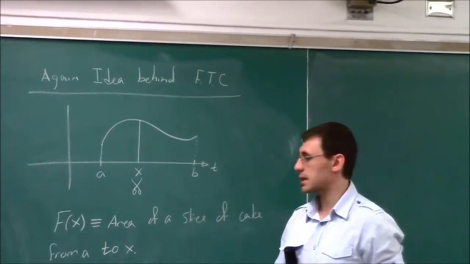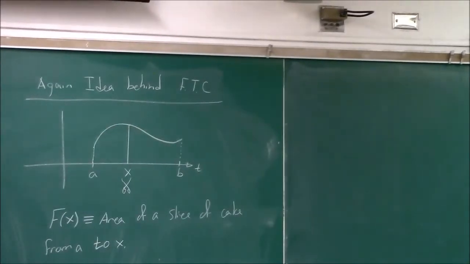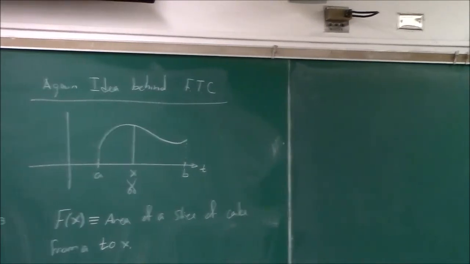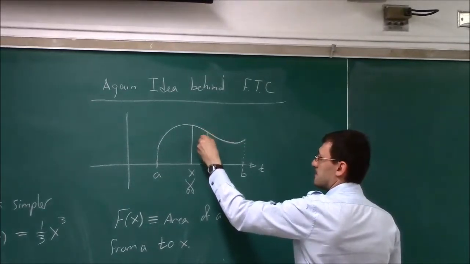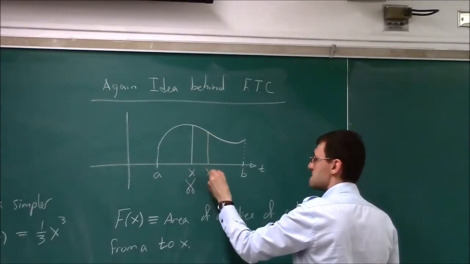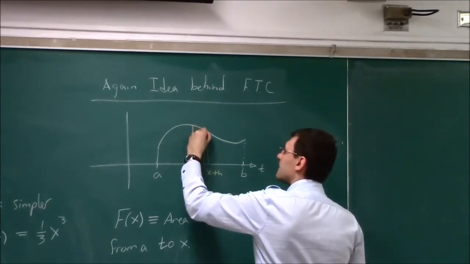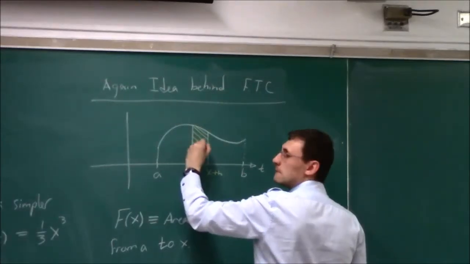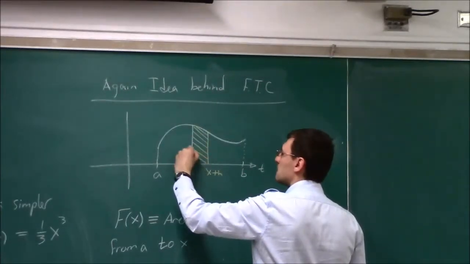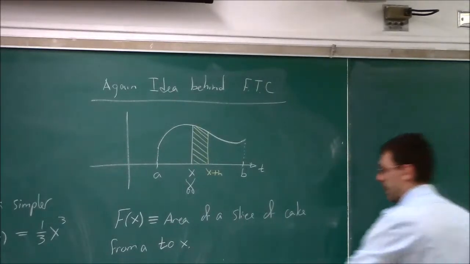Now, what's the clever idea? Why would you consider such cake slicing functions? The thing is, if I make a slice very close to x, in other words, at x plus h, then this is the region I get by what?